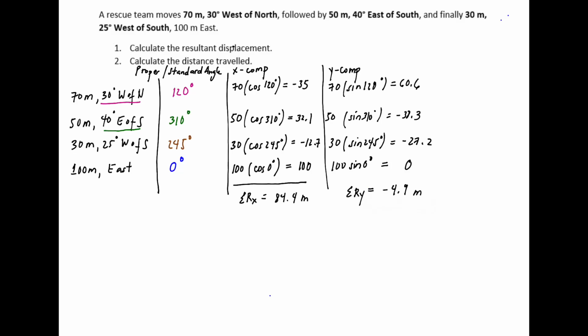And so what is now the resultant vector? We're going to use the Pythagorean theorem. We're going to have the summation of Rx squared plus the summation of Ry squared, and plugging in, we have the square root of 84.4 squared plus negative 4.9 squared.